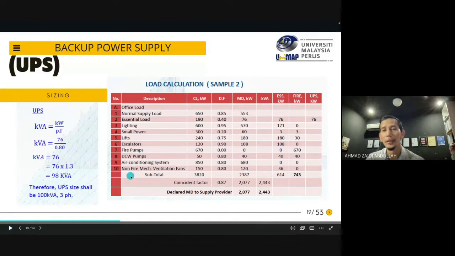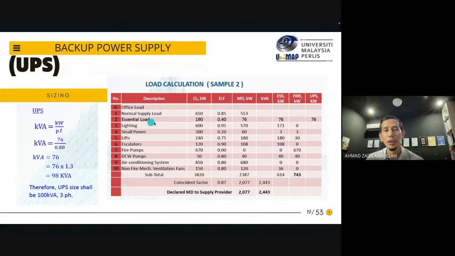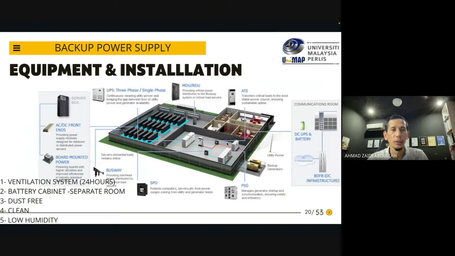The only part that you must consider is essential load, so you need to know. Sekejap, and then this is the equipment and installation, contoh. So first, during the installation of the UPS, you must have a specific room for UPS, okay, which must have a ventilation system 24 hours.